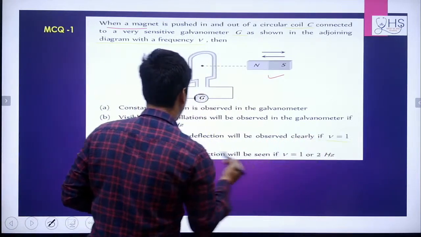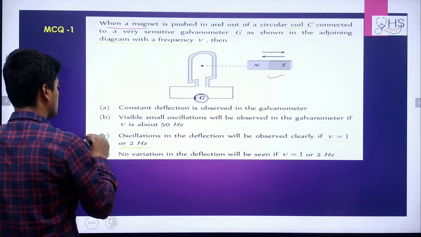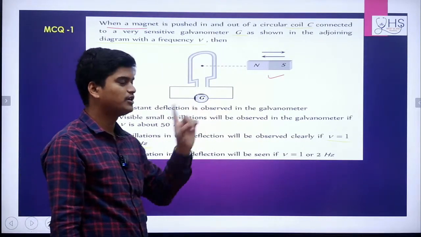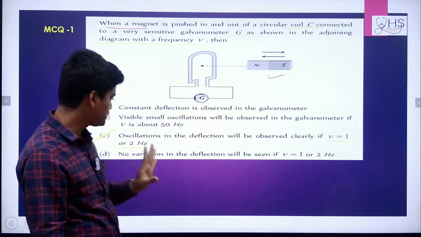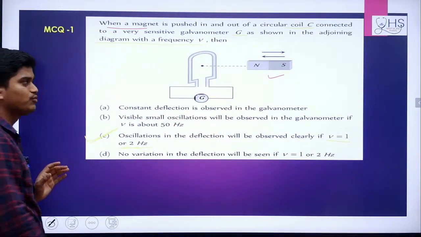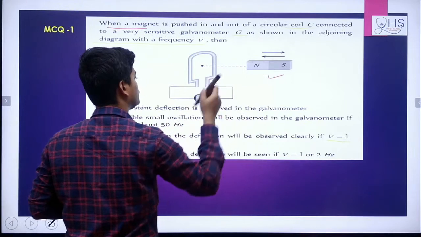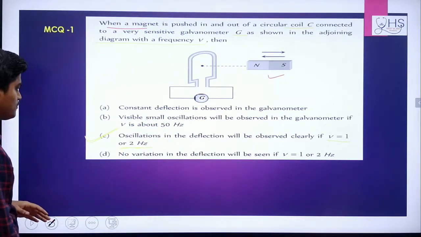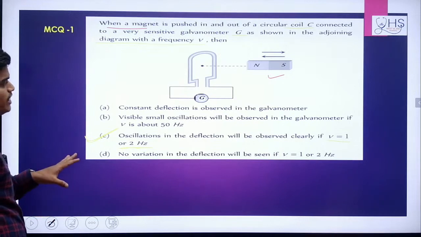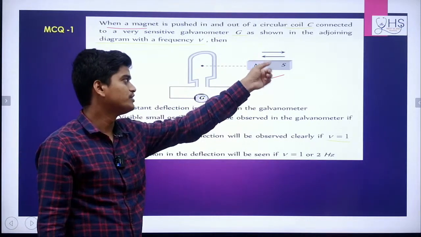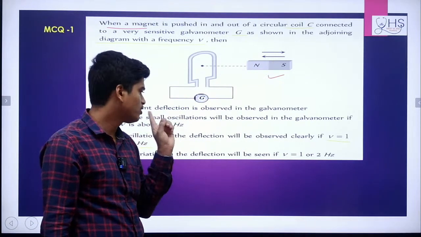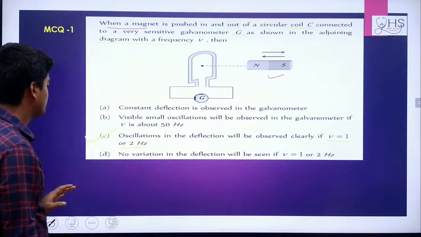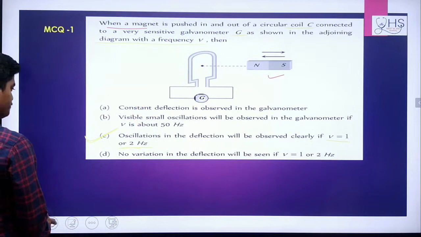Here the frequency is 1 Hz or 2 Hz, so this will be your correct answer. Galvanometer deflection will happen when the frequency of the magnet, coming in and going out, is less. Always remember, in a coil, if the magnet has a high frequency, you cannot observe any deflection; only if it is low can you observe it. So according to that, your answer is C.